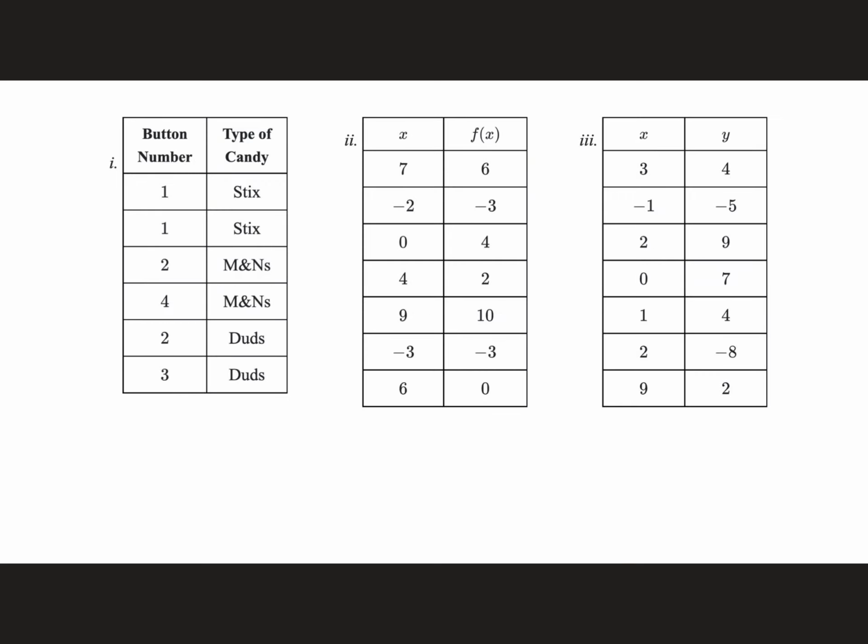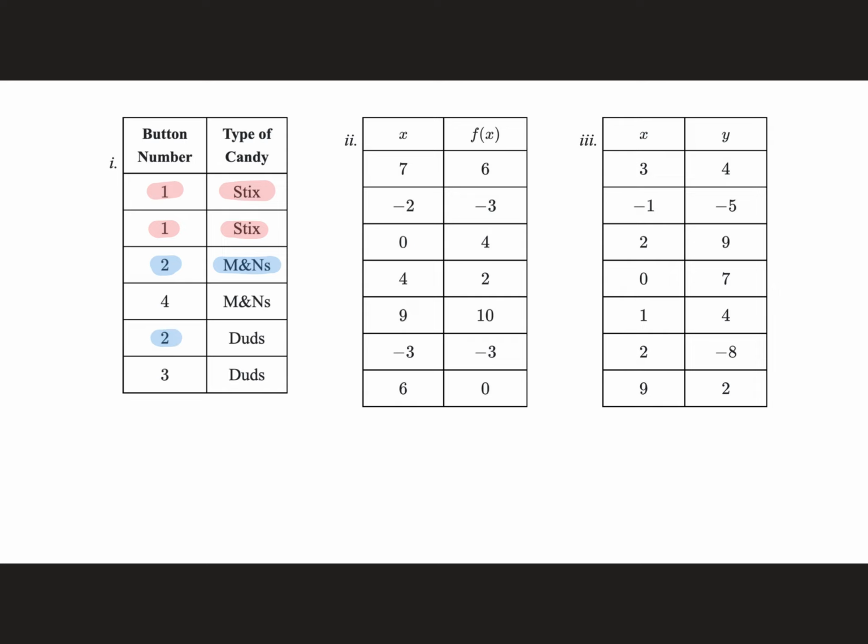All right, in our first table, we have button number 1, and when we press it the first time we get Sticks candy. When we press button 1 again, we get Sticks again. When we press button 2, we get M&Ms.